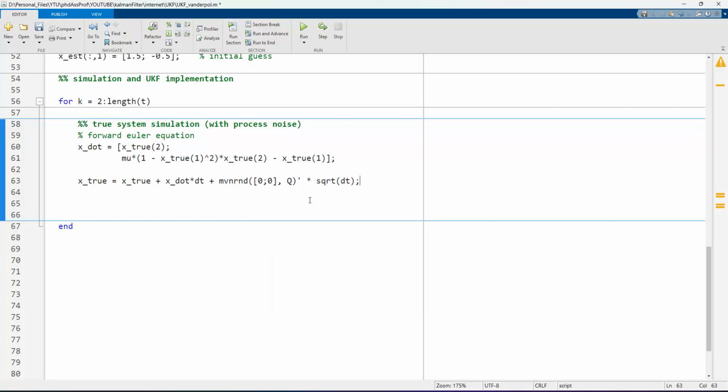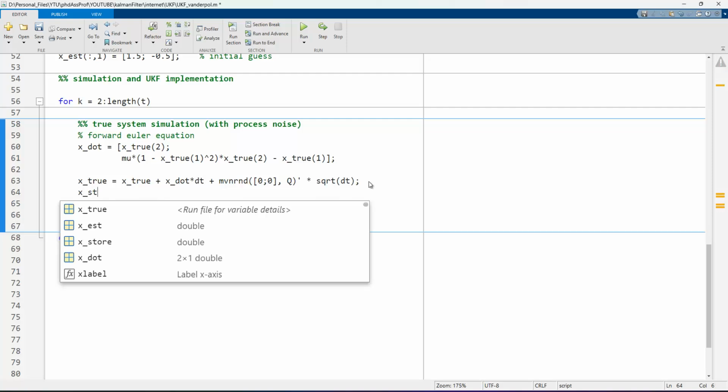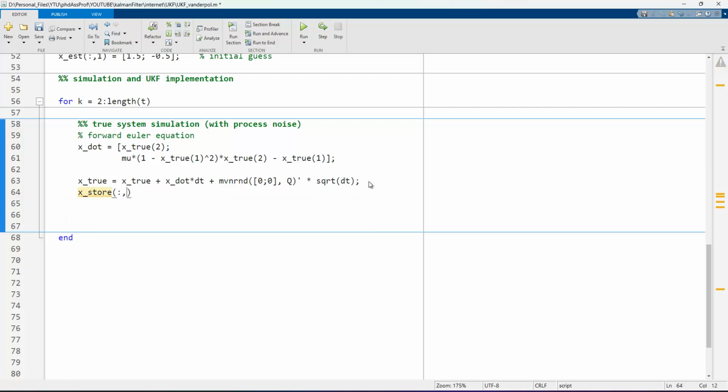These are the process noise. Okay, process noise. And also we need to store the k values in here, just like this one, x true, because it's our noise implementation of these terms.